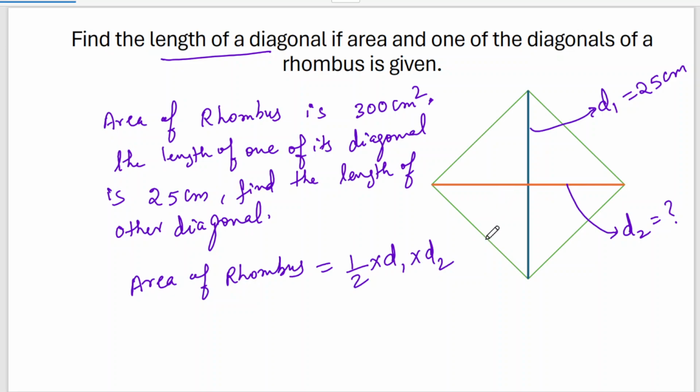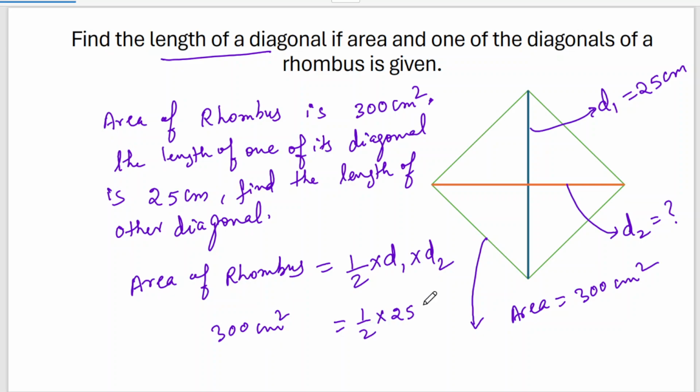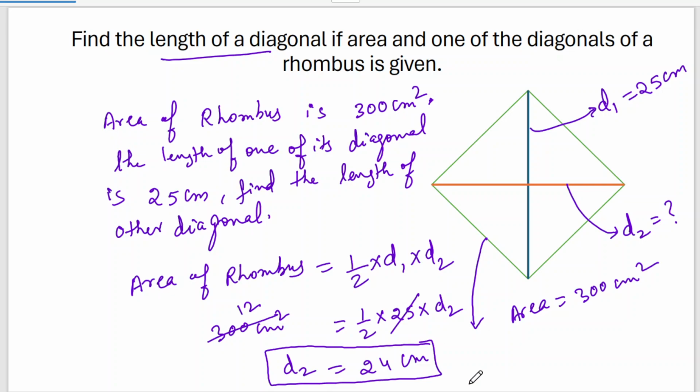Now, this is the rhombus whose area is given as 300 centimeter square. So we can use this formula. Area is given as 300 centimeter square equal to half into D1, which is 25 centimeter, and D2, we have to find out D2. Now you cancel out, this will be 12 times. So you can say D2 can be written as 24 centimeter. Okay, so we have found the length of the other diagonal.